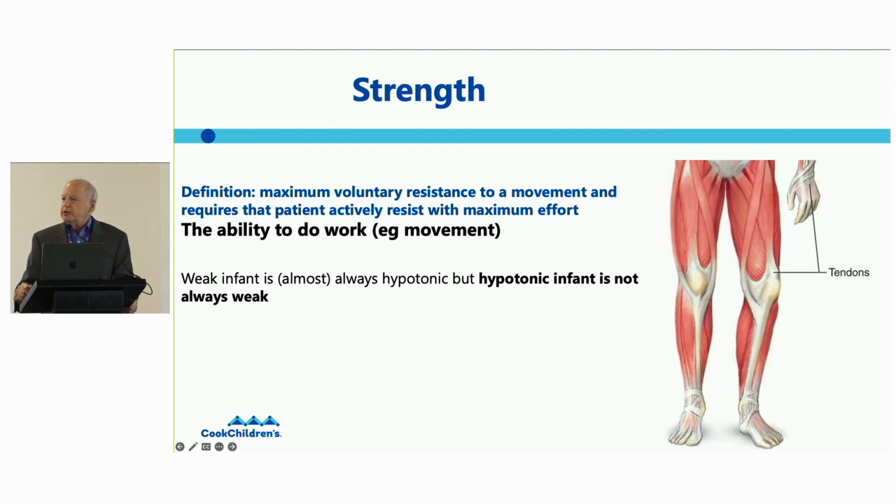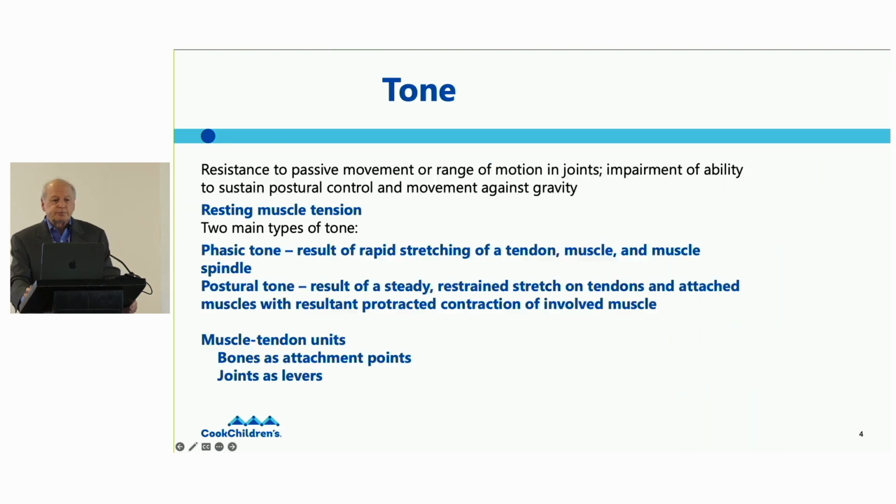You really need both. And they're related, but again, they're not the same. When we talk about infants, we're going to find that hypotonic infants, weak infants are almost always hypotonic, but hypotonic infants are not necessarily weak, and it's important to recognize that.